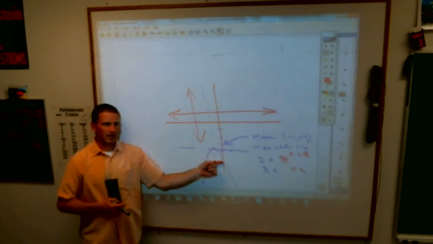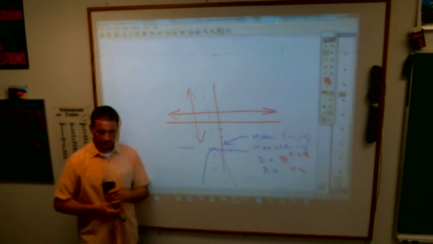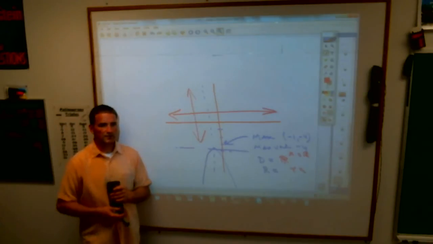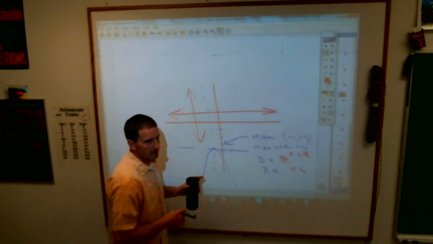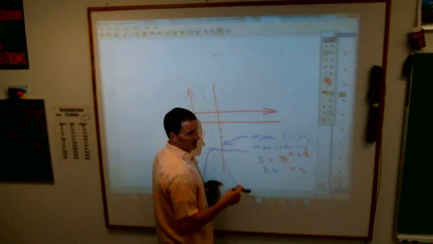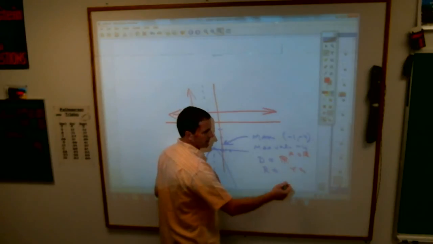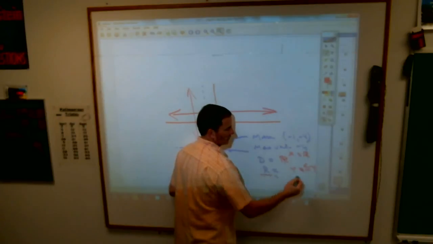It starts here and goes down. Well, we don't have to say all real numbers because it's not all real numbers. It's just y is less than or equal to -4. That is your range.